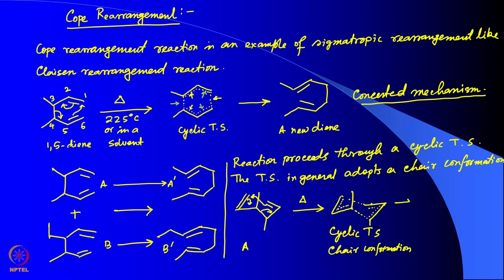When the product forms, you get to see this product as this. This is the product and the conformation of the product is written here. So, this is how the Cope reaction can be understood through a concerted step mechanism.